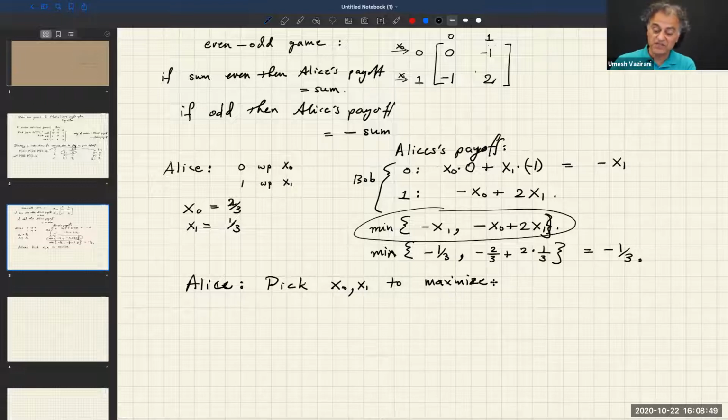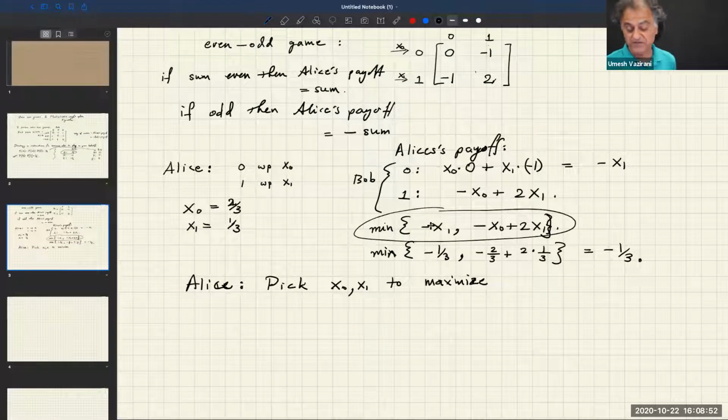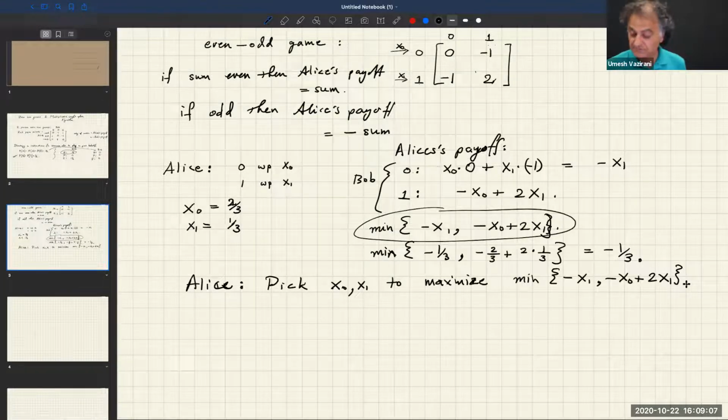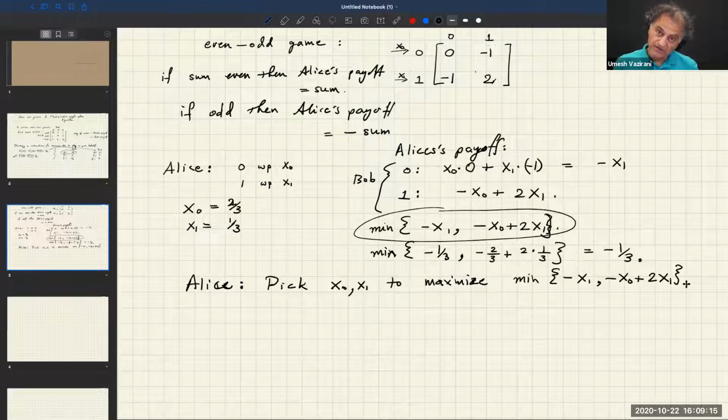Bob is trying to minimize, so he picks whatever is the minimum of these two. So now Alice is going to pick x0, x1 to maximize the min of minus x1 and minus x0 plus 2x1. Okay, so how do we actually do this? Doesn't this scream out linear programming? Well, let's see how to do that.